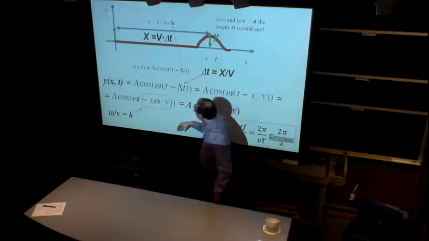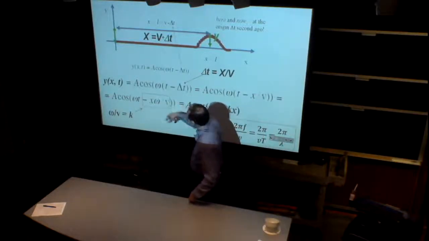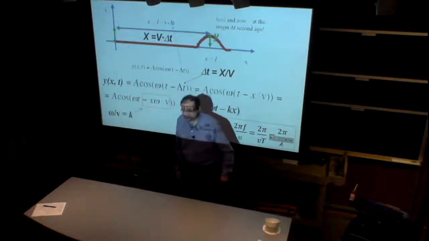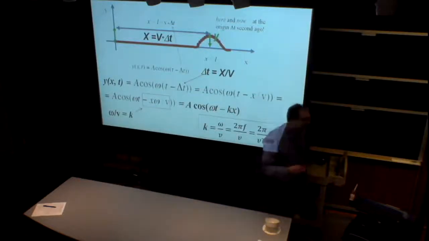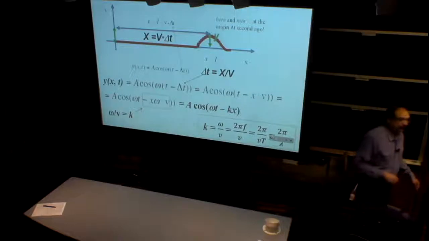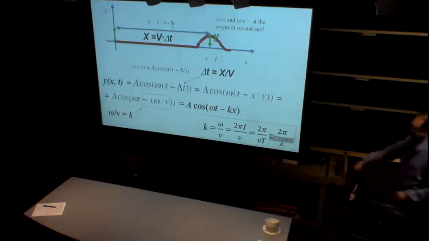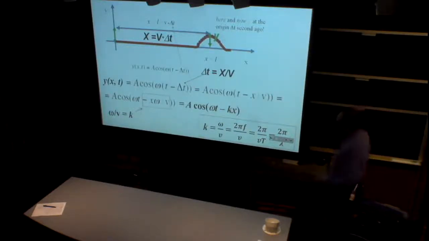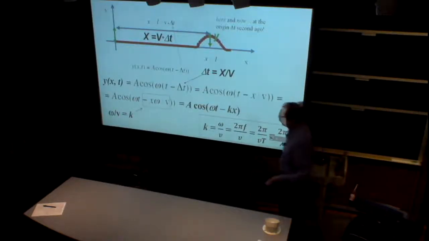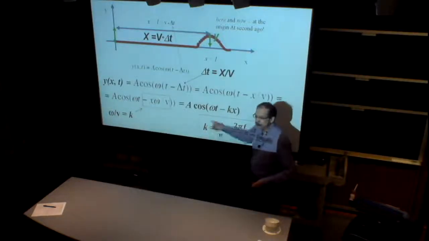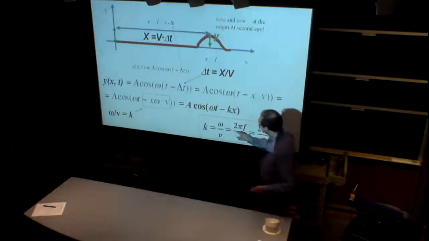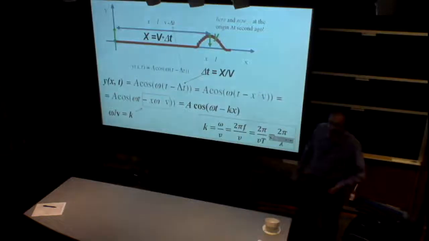And if we do some algebra, we get this ratio. This ratio has a name, the wave number. In general, for two-dimensional, three-dimensional waves, people call it the wave vector. It has a direction in general. But for us, it is just a number, a wave number. This is the definition of a wave number, but using all other relationships, we could calculate it differently.